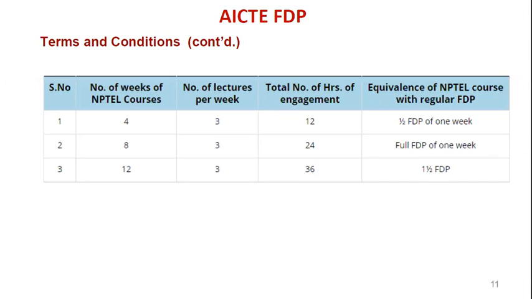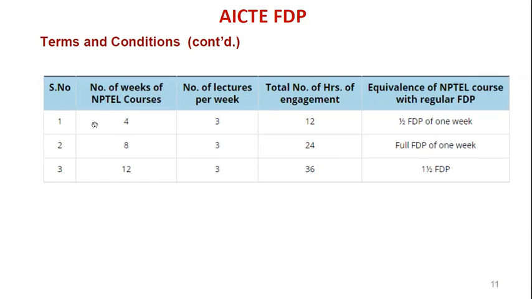For NAAC also it will consider a minimum 1 week duration certificate only. Now in NPTEL also, based on the course durations, the equivalent FDP durations are also provided. The following table shows the number of weeks of NPTEL courses. Just now we already explained.